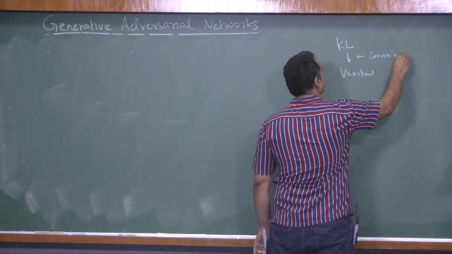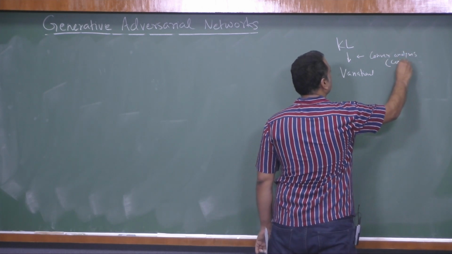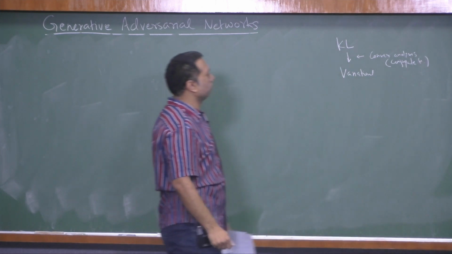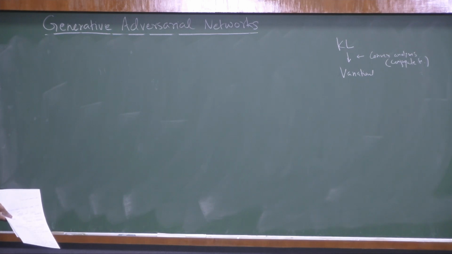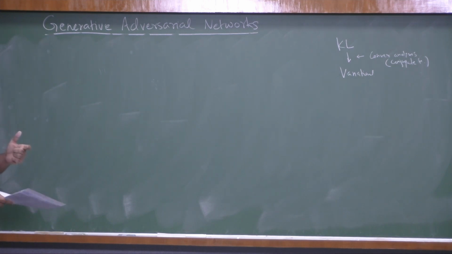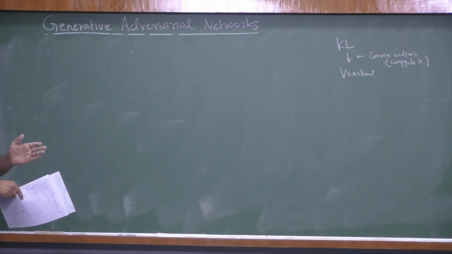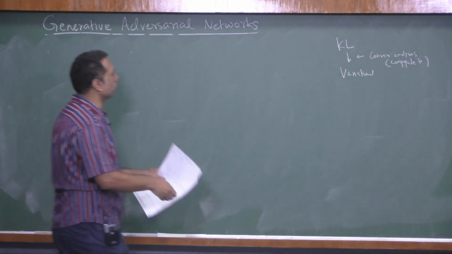So we need conjugates, the conjugate function that we study in convex analysis. That is a way to get a variational approach, where I want to compute an integral, but in its own form it's not tractable. But if I start applying some test functions, then it starts becoming tractable. A very generic approach, right?